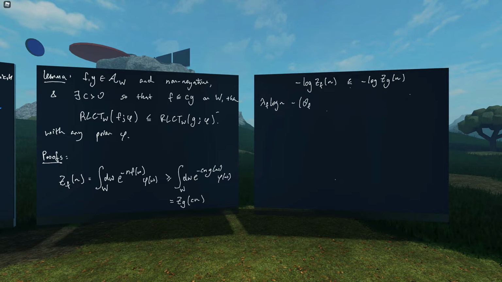So this is just recreating the asymptotics that we had before. Lambda g log n plus O(1).